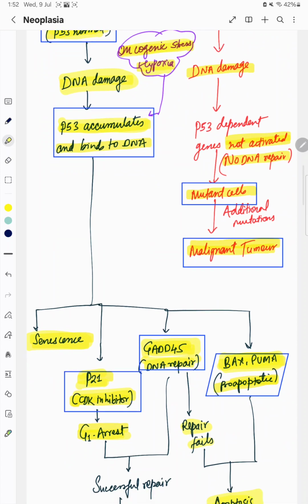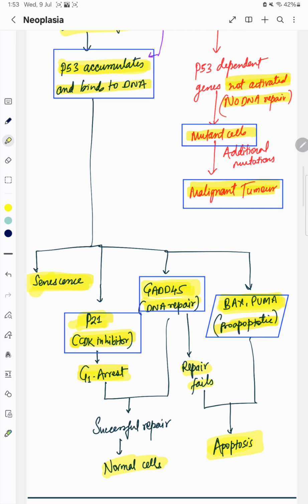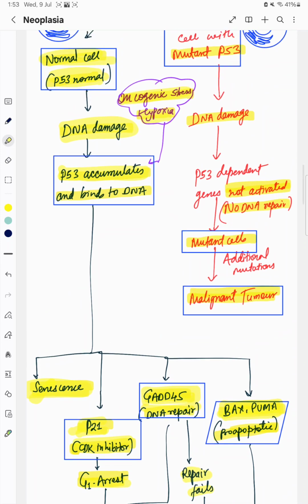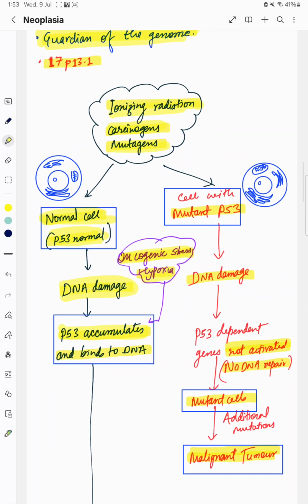Now the fate of this cell can be either senescence or activation of P21 and GADD45 resulting in successful repair, and the cell may go to the normal cell pool, or if the repair fails, they will stimulate the various mechanisms of apoptosis and result in cell apoptosis and the cell being eliminated.